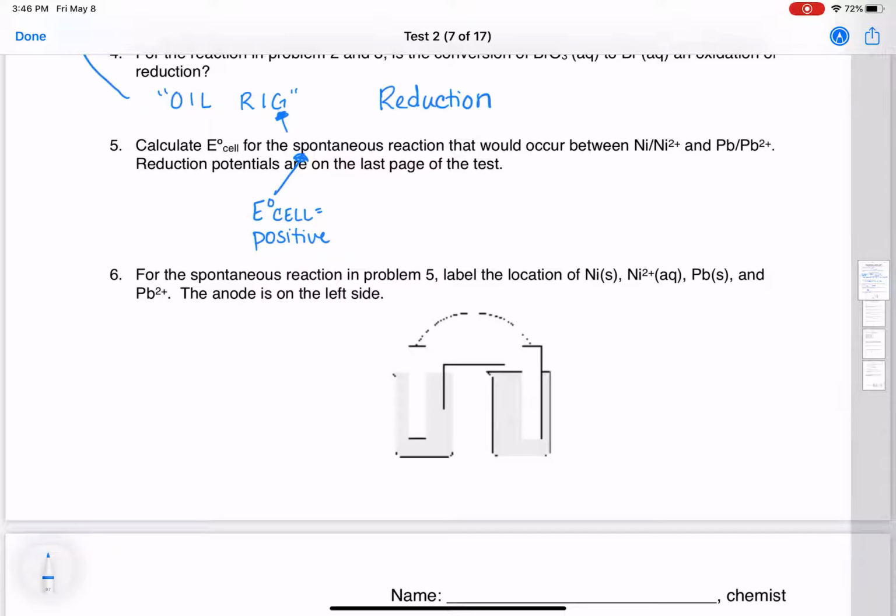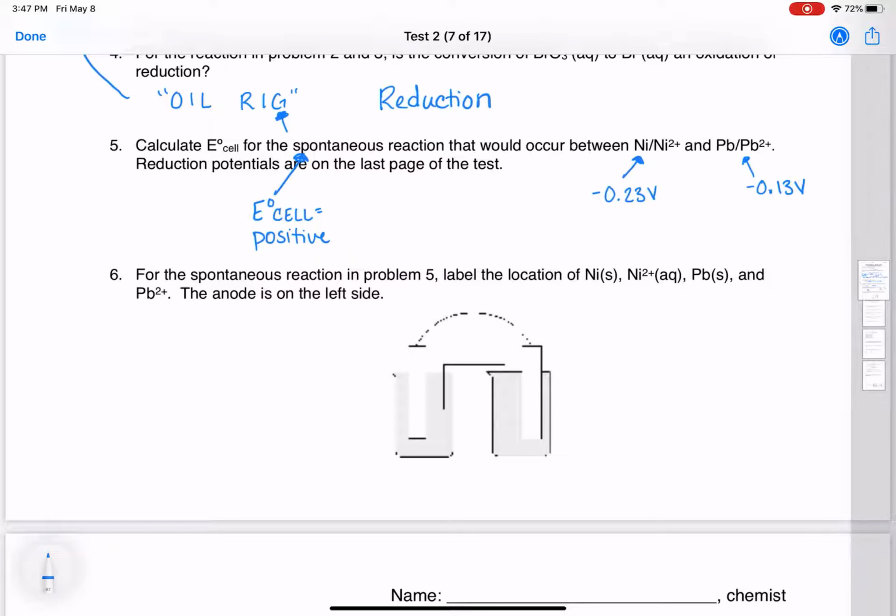On a different screen, I've scrolled to the end of the test to find the reduction potentials. For nickel, it's negative 0.23 volts. And for lead, it is negative 0.13 volts. And our job is just to figure out how to put those two numbers together to get a positive number.